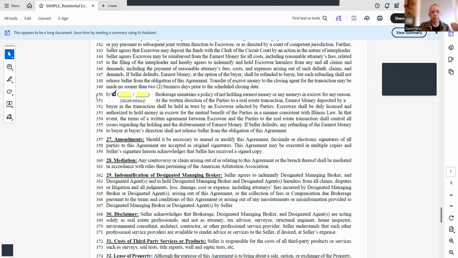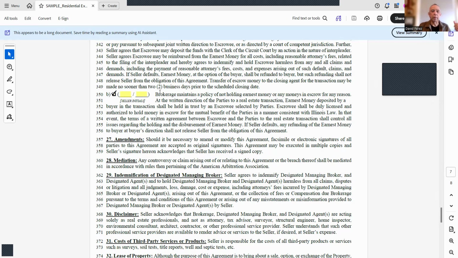We're at item 350. Talked about earnest money. A lot of brokerages do not hold earnest money simply because there are a lot of laws that are attached to dealing with earnest money, and things like separate bank accounts for every client, paying out interest, stuff like that.